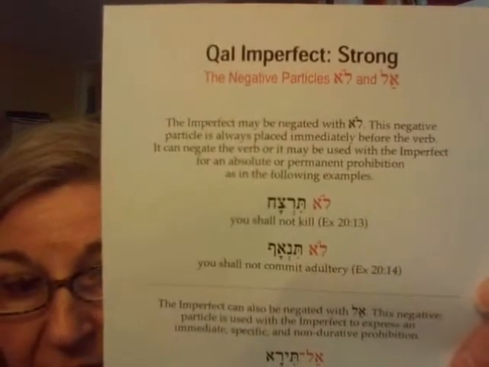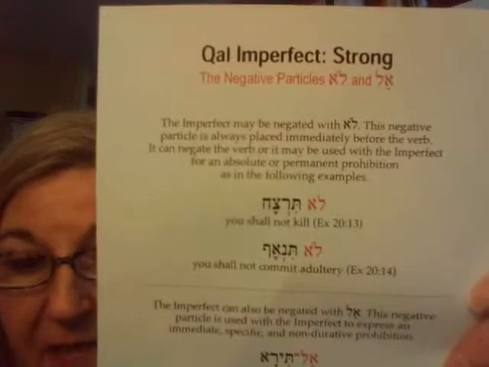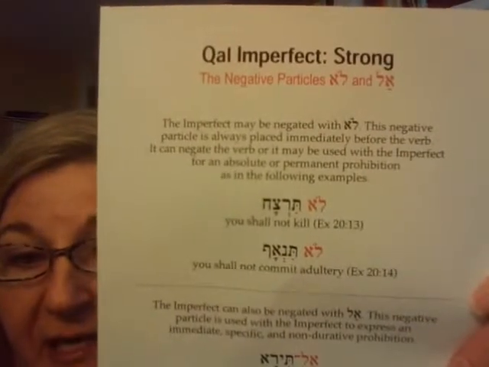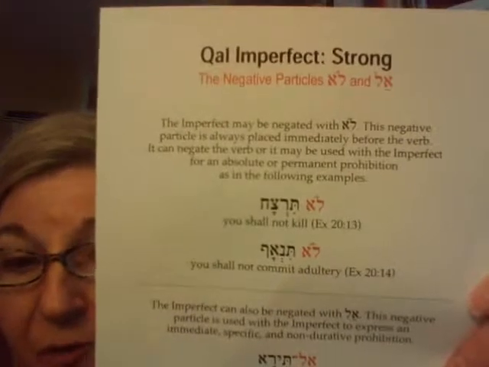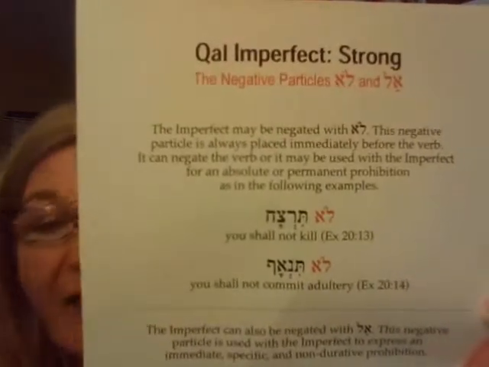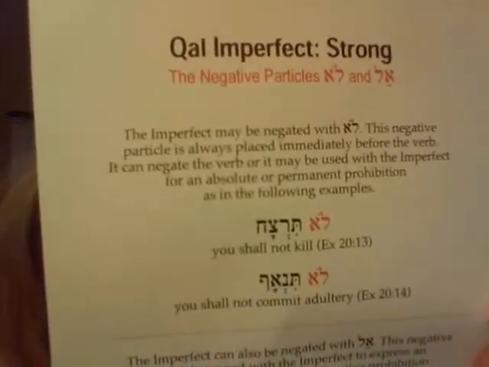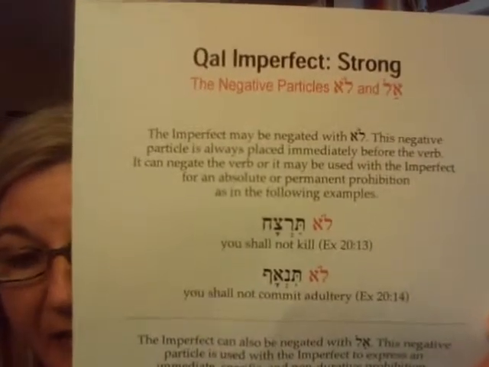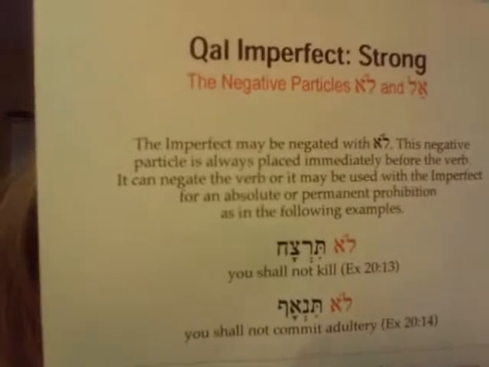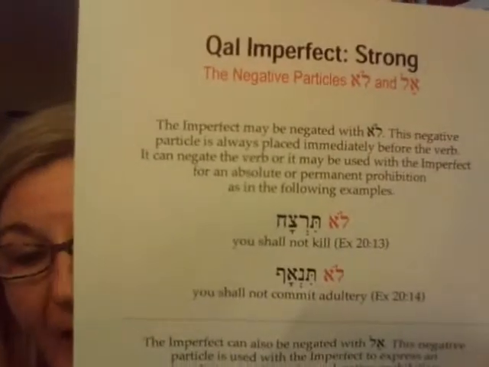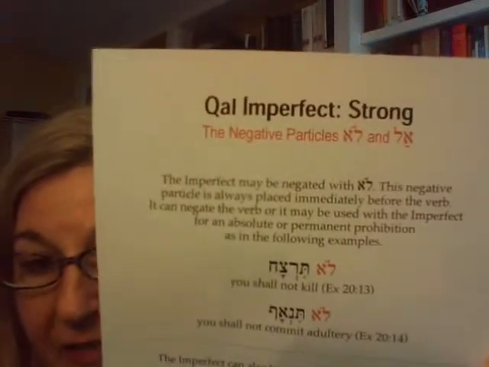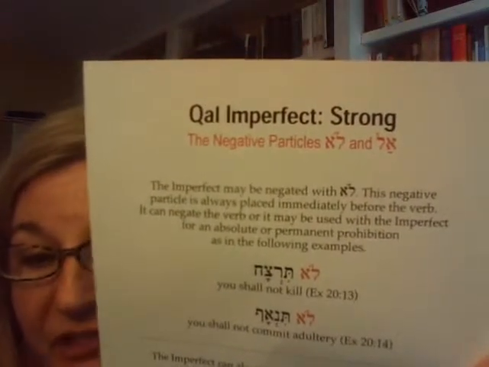This negative particle is always placed immediately before the verb, and it can negate the verb, or it may be used with the imperfect for an absolute or permanent prohibition, as in these examples. We have lo tirtsach, you shall not kill, and lo tin'af, you shall not commit adultery. With the use of lo, these are permanent, forever prohibitions.